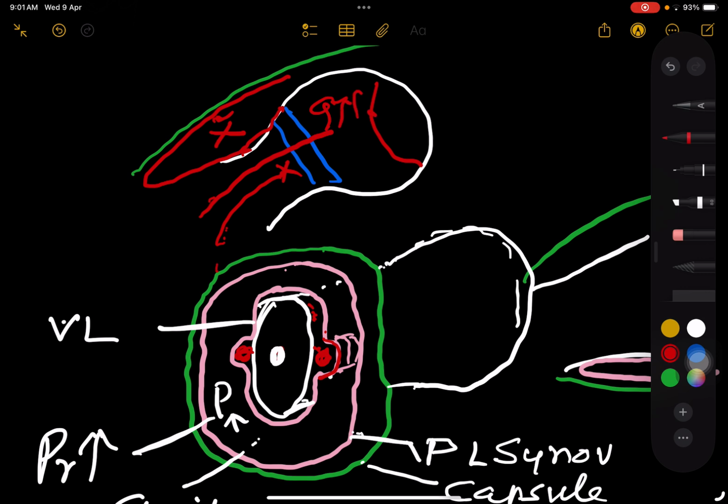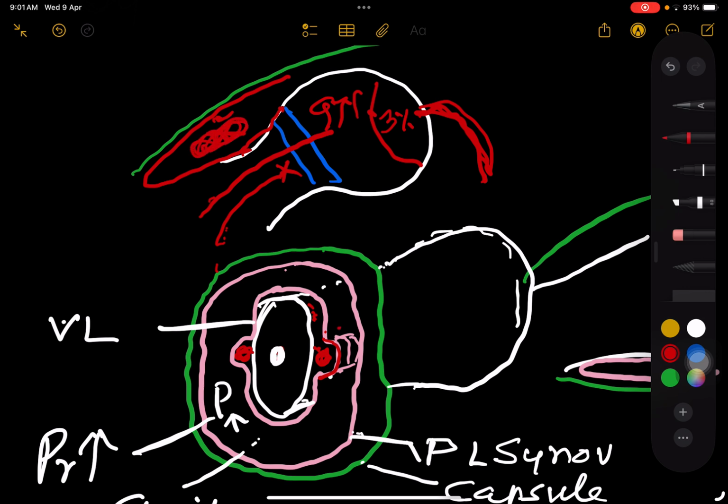Whereas the nutrient artery, which is intraosseous, will be stopped by the growth plate. So the head is dependent 97% on these retinacular vessels, the anterior and the posterior ones, and only 3% of it is dependent on the artery of the ligamentum teres. Now what happens if there is increase in pressure here?